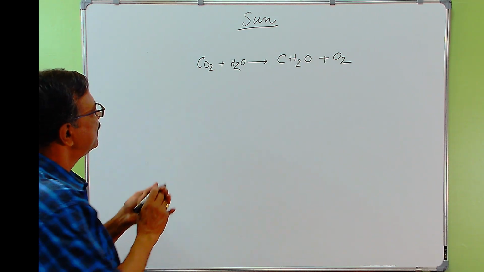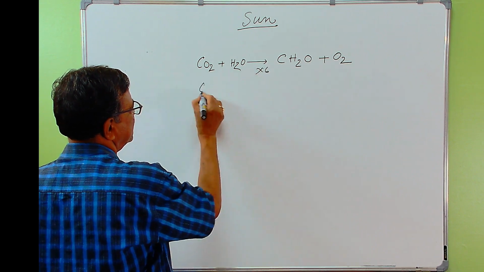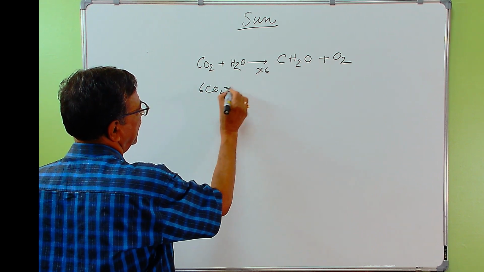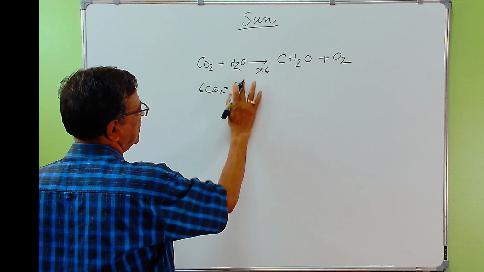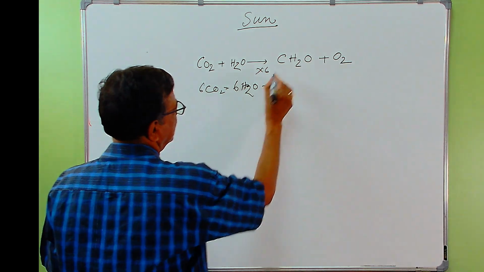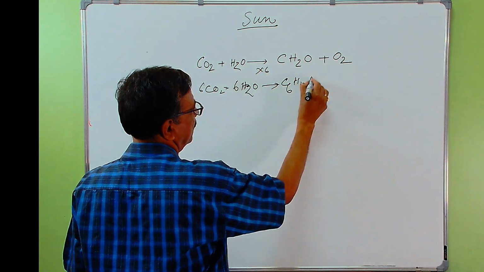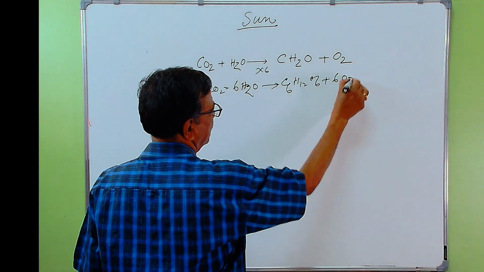Let me say, multiplying by 6: 6 CO2 plus 12 H2O, or 6 H2O, is equal to C6H12O6 plus 6 O2.